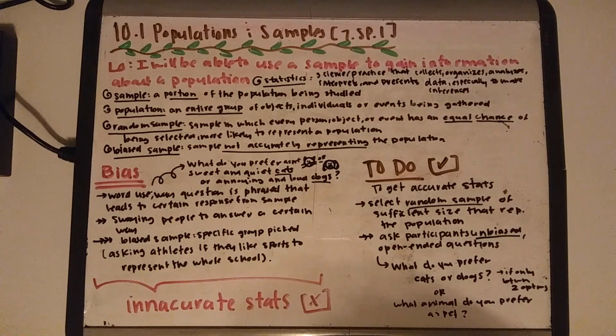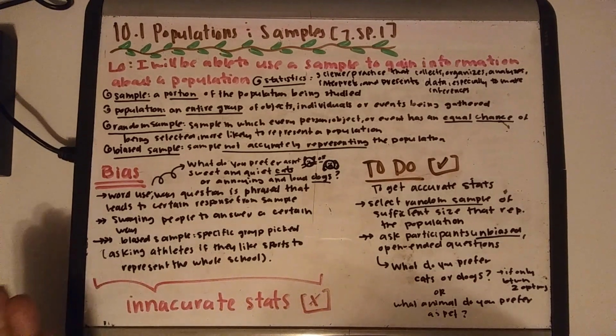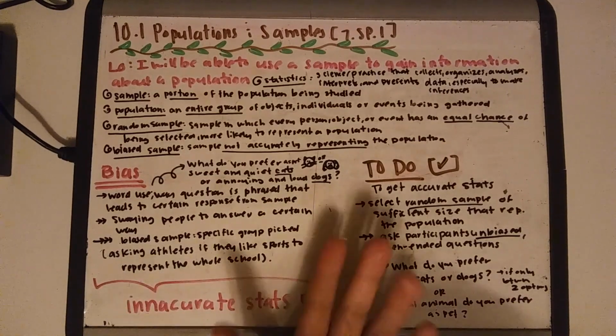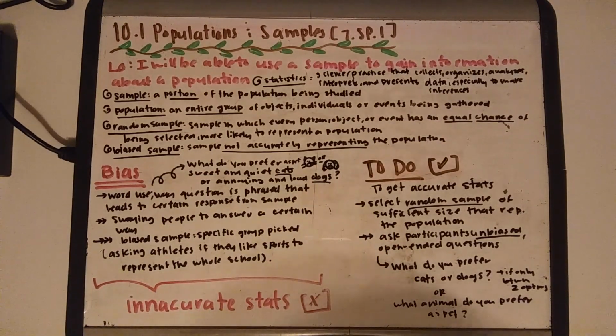So for example, what do you prefer as pets, sweet and quiet cats or annoying and loud dogs? So the way that you're questioning this, you're swaying people to answer a certain way, saying, well, okay, cats are better because they're sweet and quiet, and dogs are annoying and loud. Okay, so that will be a biased question.